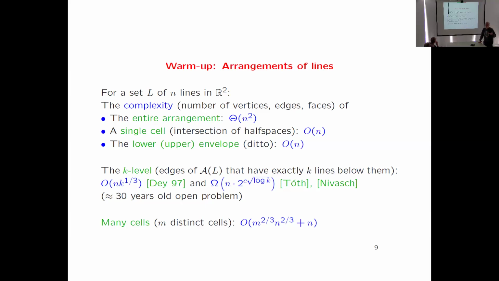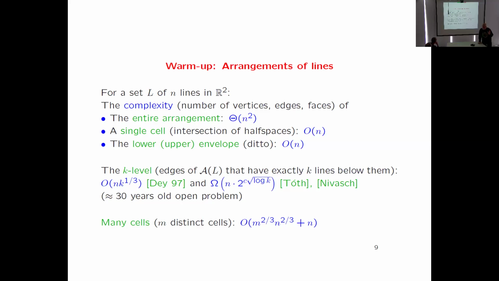It's n squared, because the number of vertices, intersections of pairs of lines, is n squared, and Euler's formula will tell you that everything else is also quadratic. What is the complexity of a single cell, a single face of the arrangement? It's linear. It's actually at most n, because you can think of it as the intersection of n half-planes, each bounded by one of the lines. Lower and upper envelopes, which are a special case of a single cell, also have linear complexity.